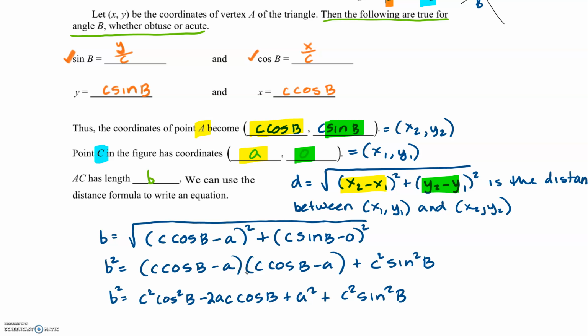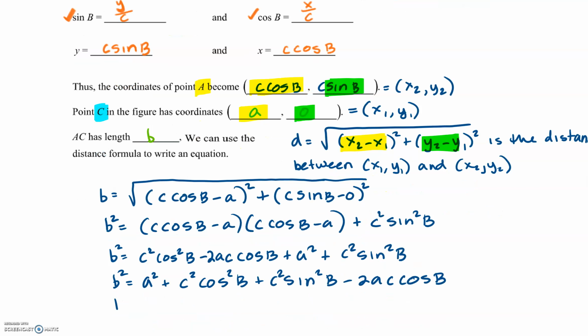Now I see the fact that cosine squared plus sine squared is 1. So I'm going to bring these together to use that idea. Actually, first I'm going to write the A squared first. Then I'm going to do the C squared cosine squared of B plus C squared sine squared of B. And then I still have this minus 2AC cosine of B I'll put on the right.